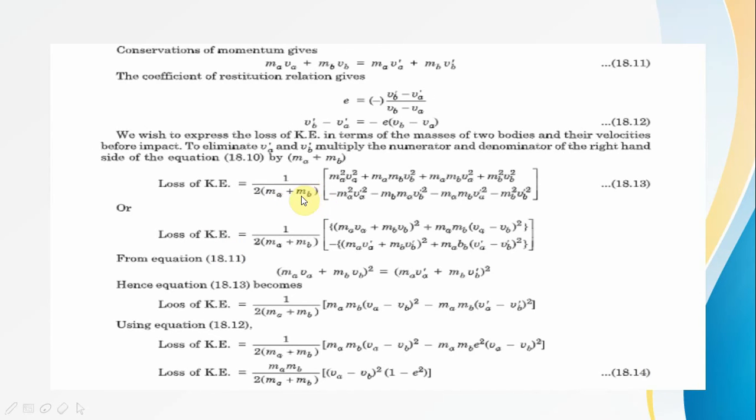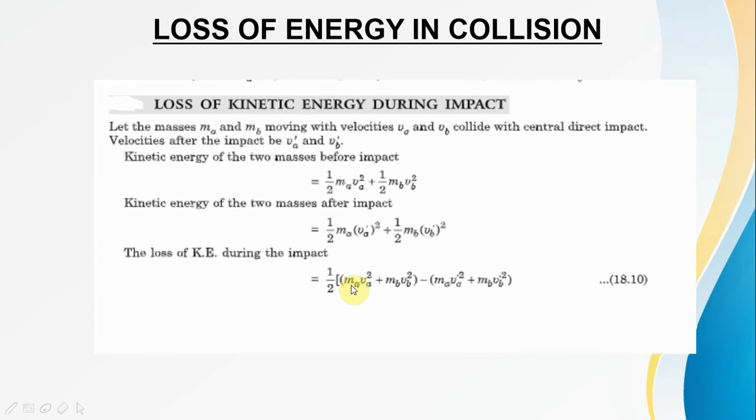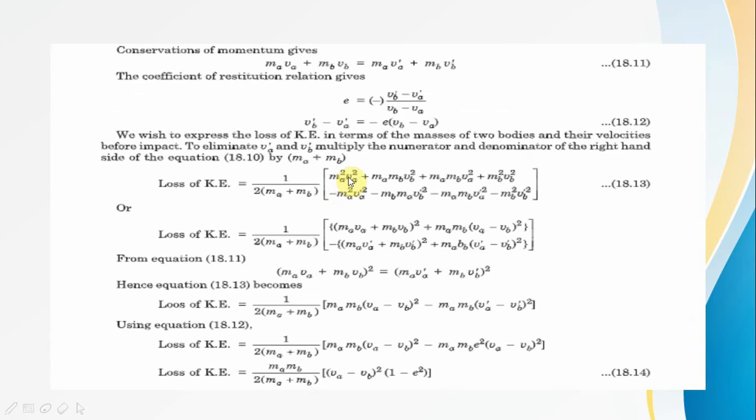When we multiply this equation with Ma plus Mb, we get this: Ma square Va square plus Ma Mb Vb square plus Ma Mb Va square plus Mb square Vb square minus Ma square Va dash square minus Mb Ma Vb dash square minus Ma Mb Va dash square minus Mb square Vb dash square.